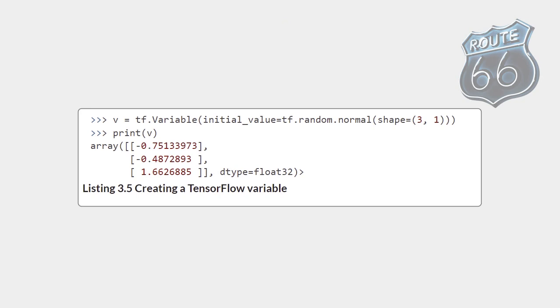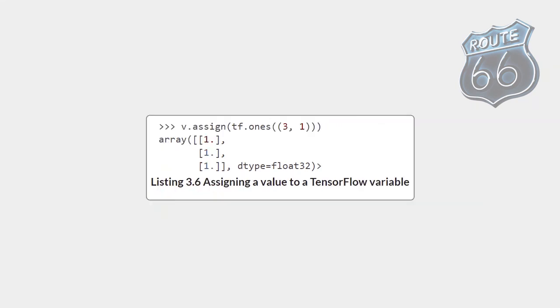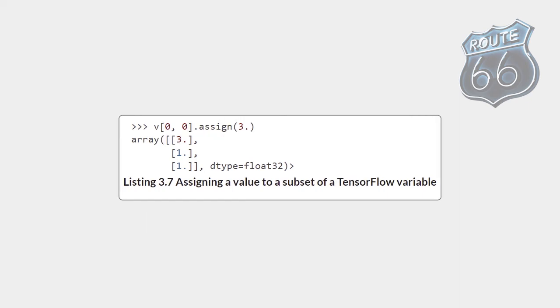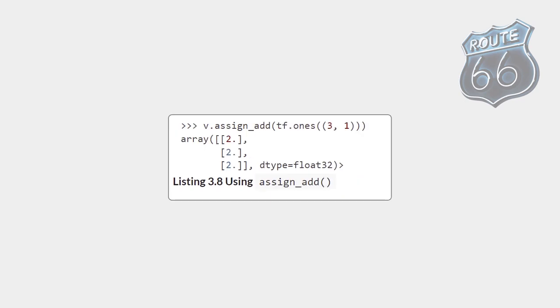To create a variable, you need to provide some initial value, such as a random tensor. The state of the variable can be modified via its assign method as follows. It also works for a subset of the coefficients. Similarly, assign_add and assign_sub are equivalents of plus equals and minus equals, as shown next.